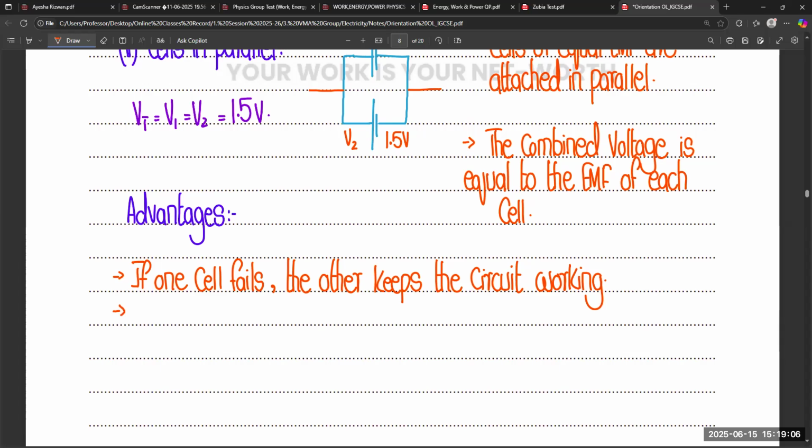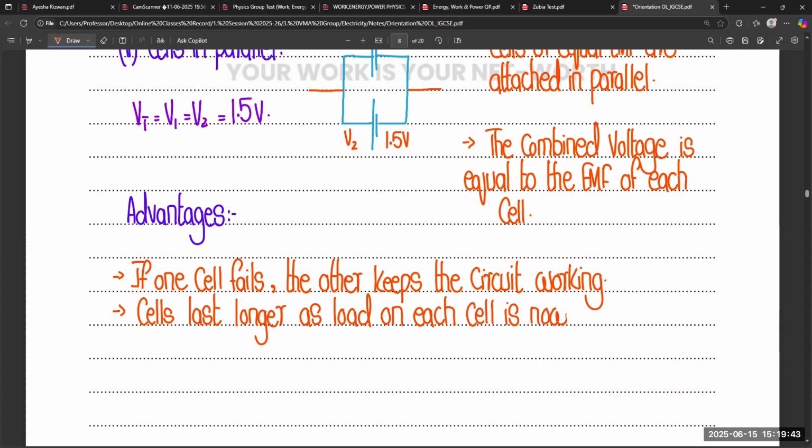Second advantage, cells last longer as the load on each cell is now reduced.